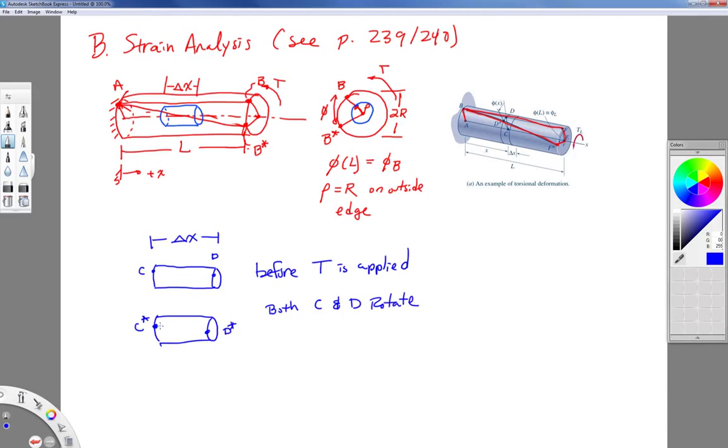Now, I want to draw a line straight across, and I'm going to call this point D double prime. Okay. And the line from C star to D star, I'm going to draw in there as well.